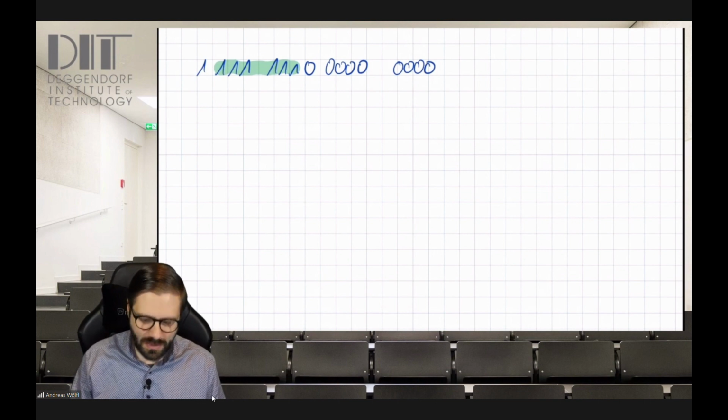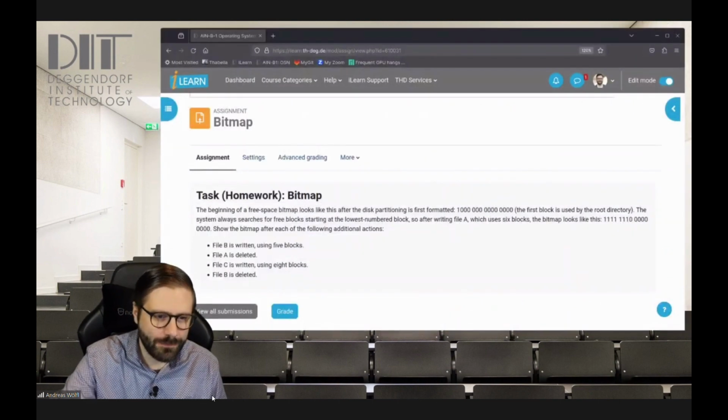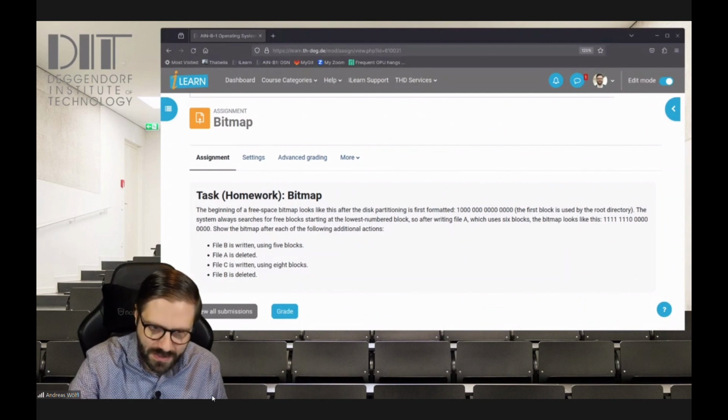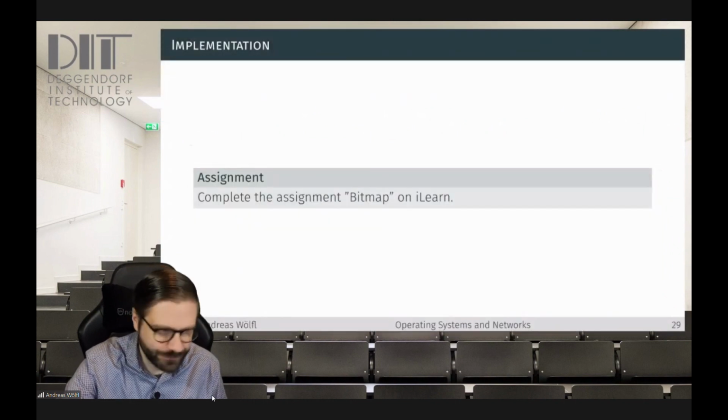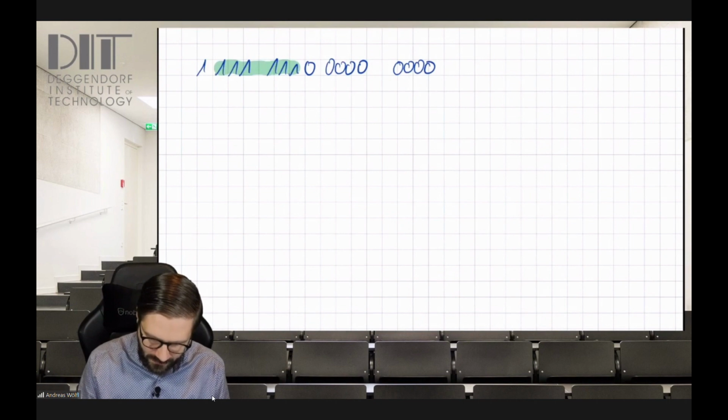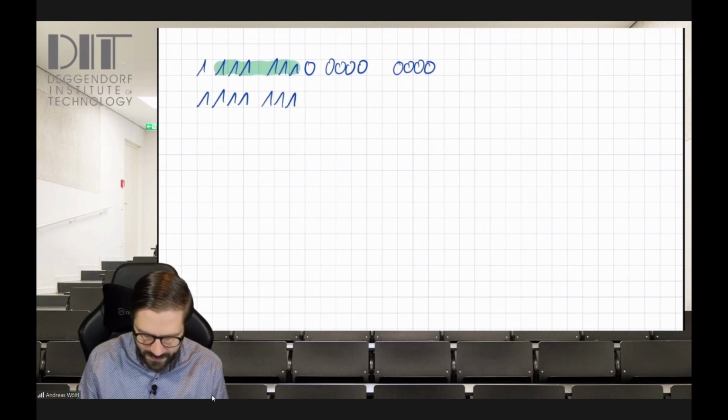And next we want to add file B. B is 5 blocks. So what we do, we allocate the 5 blocks according to first fit. The next 5 blocks we use for file B. So 1, 2, 3, 4, 5.